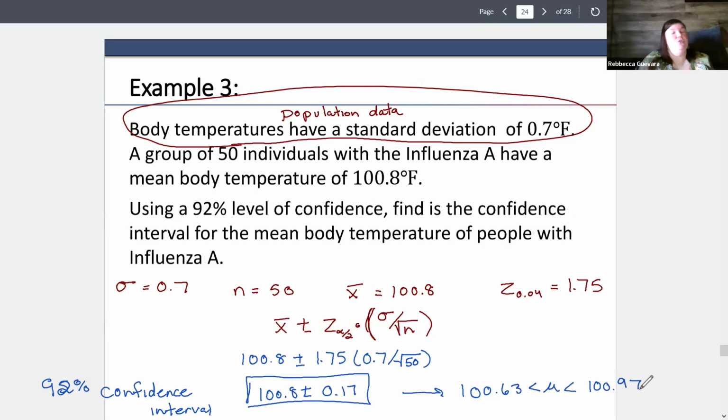So, like I said, out of this group of people with influenza, we had a temperature of 100.8. If we build a confidence interval around this, we're going to find what we think the mean temperature of influenza is.